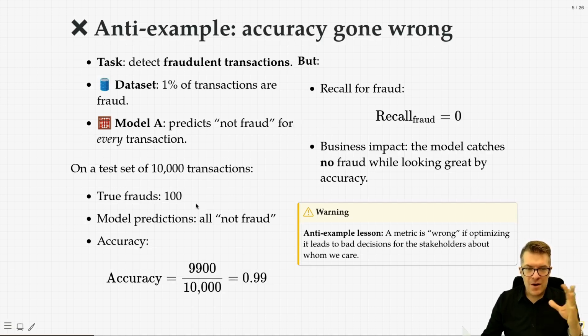So in all of these 100 instances of fraud, the model just won't recall them. We'll define recall in greater detail in a moment, but it won't find those instances of fraud. Absolutely none of them will be caught. So the impact is that the model will catch no fraud while looking great by accuracy.